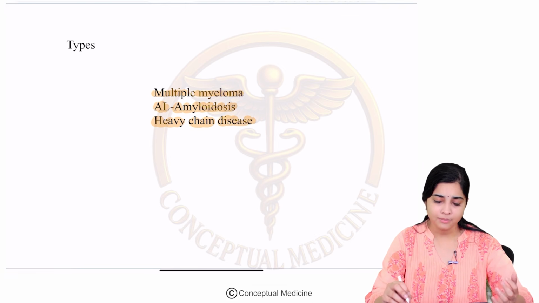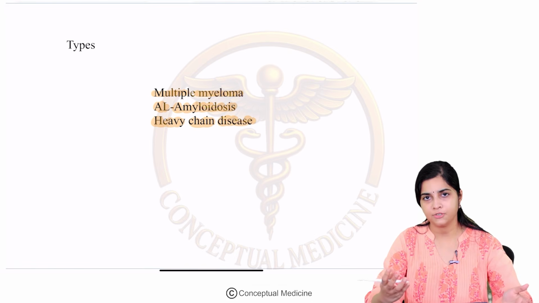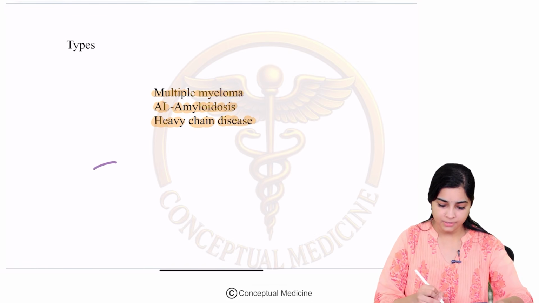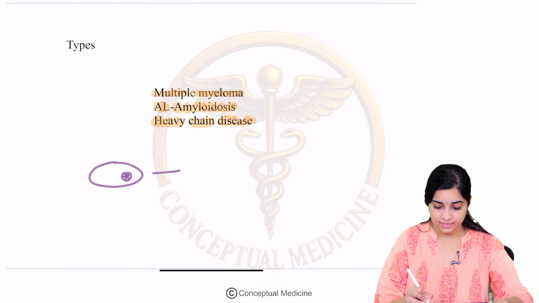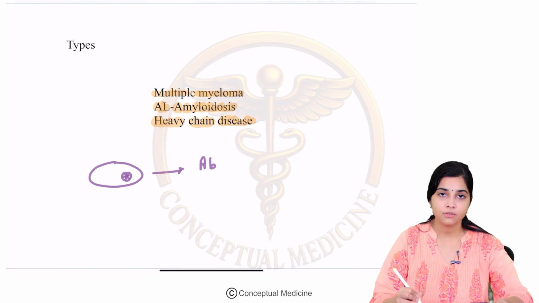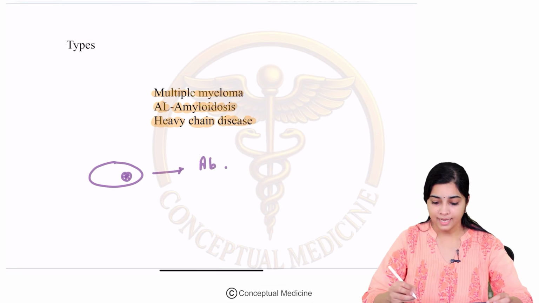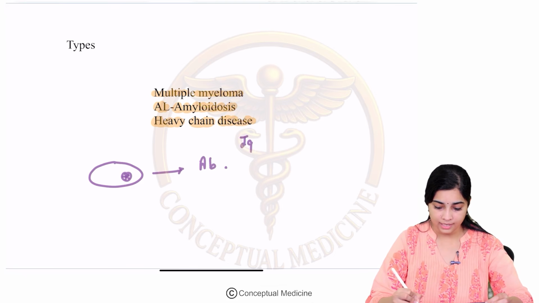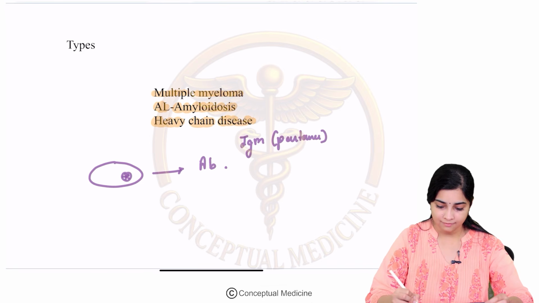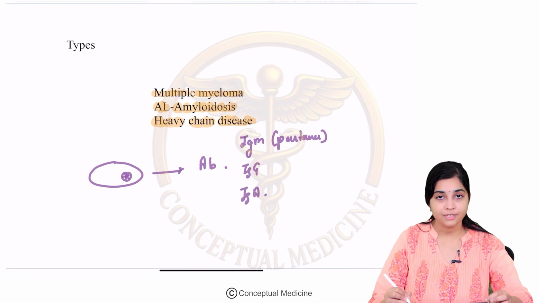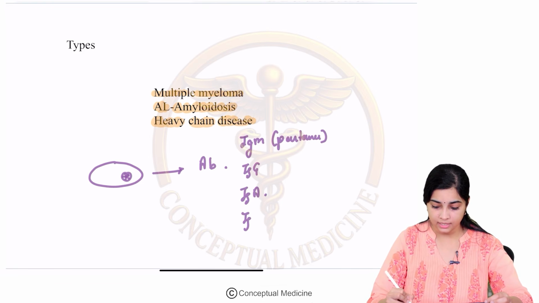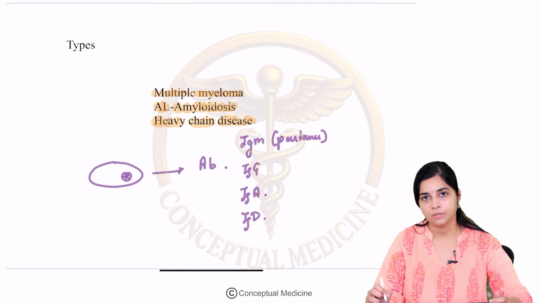Okay, so what do you mean by heavy chain and light chain? What are these terms? When you have a plasma cell, it has an eccentric nucleus. These cells produce immunoglobulins or antibodies. The antibodies we know are IgM, which is usually a pentamer, then IgG, IgA, and IgD, the different immunoglobulins.